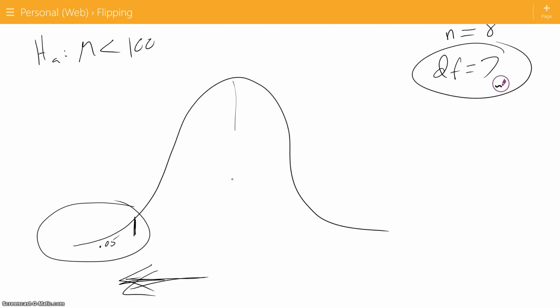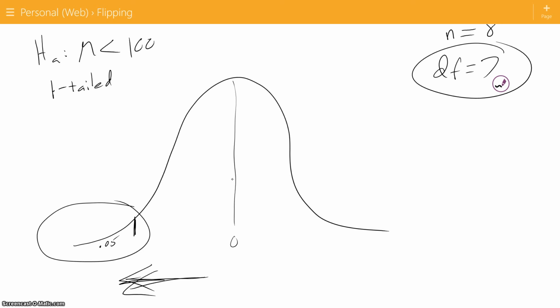So in the center here, I would have 0. That's my mean, where my mean would be. And I'm looking at my t-score chart, and it tells me that if I want a one-tailed, this is one-tailed because it's only going off to the left.